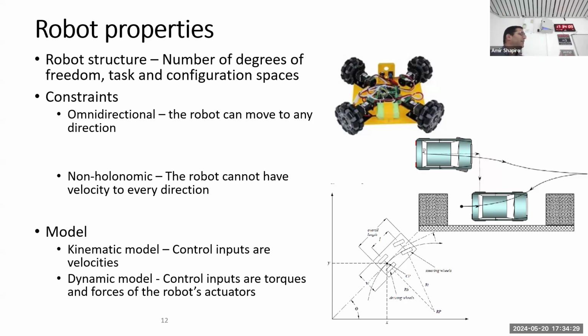Or we may have a dynamic model, with the entire dynamic second order differential equations, which are the equations of motion of the system, like in a drone that has 6 degrees of freedom equations of motion. The control inputs are torques or forces, and we also have the acceleration here, and it's a second order differential equation. So these are the properties of the robot.